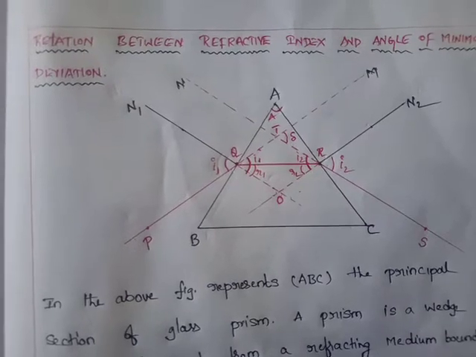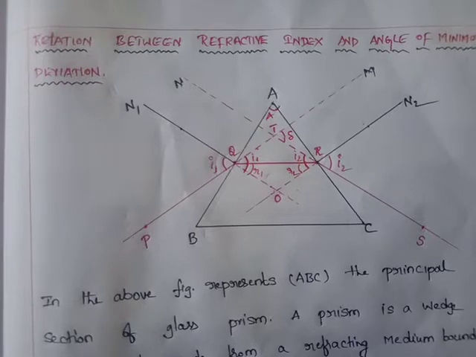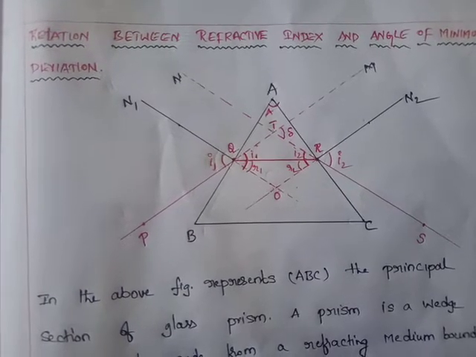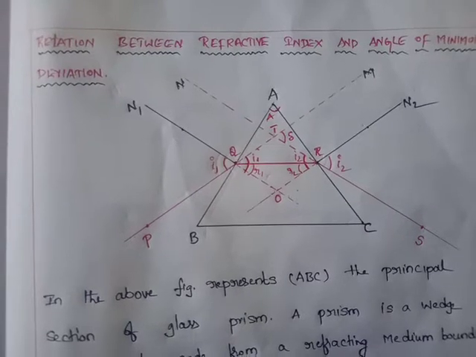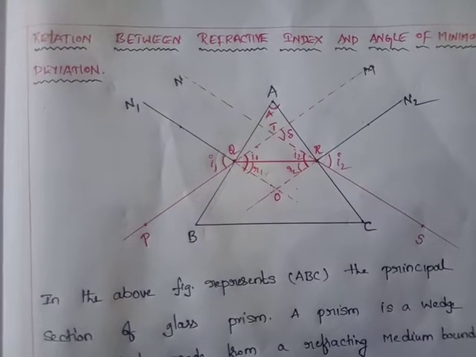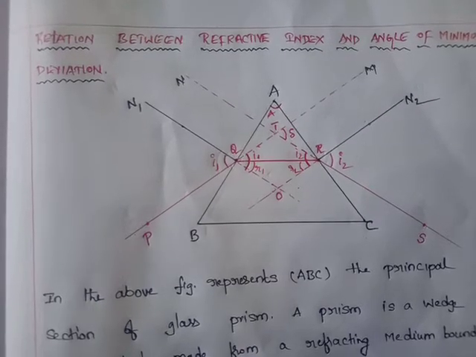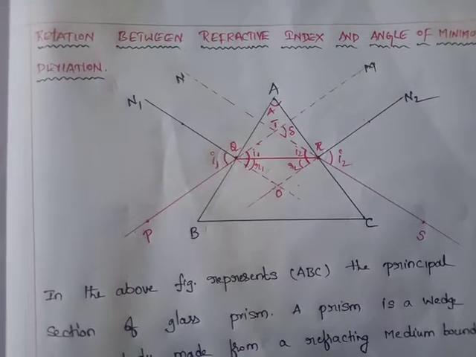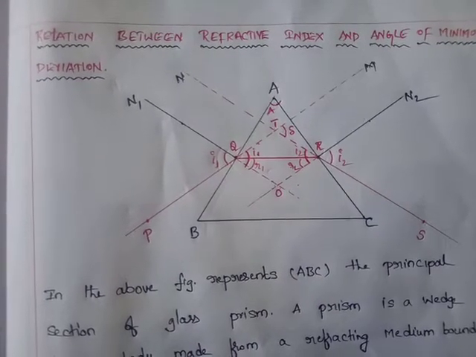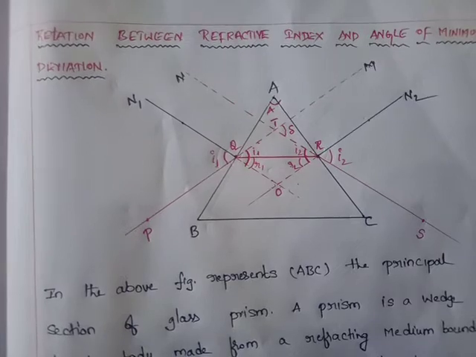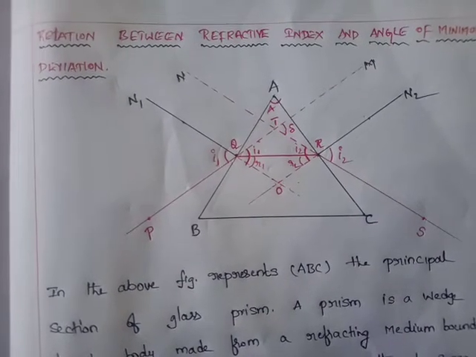Now the normal is extended into the prism and meets at O. Angle TQO is I1.